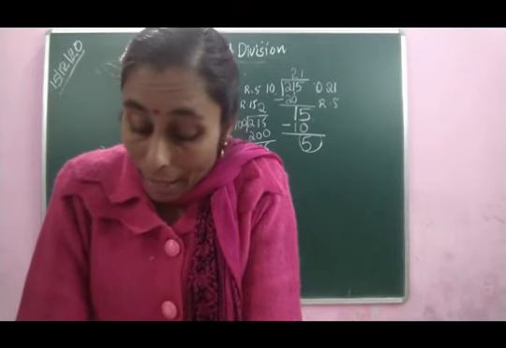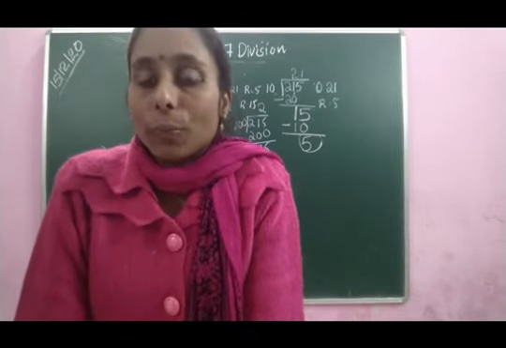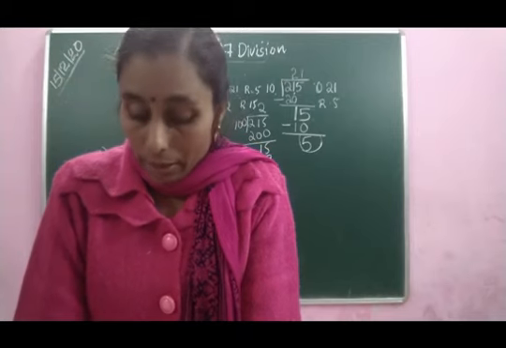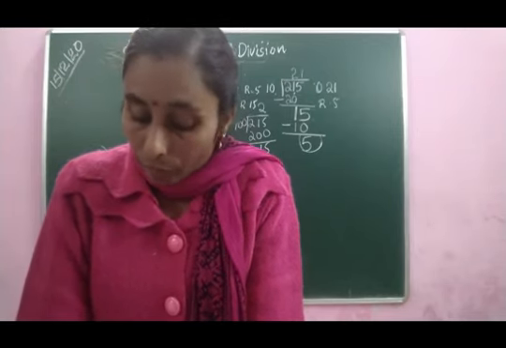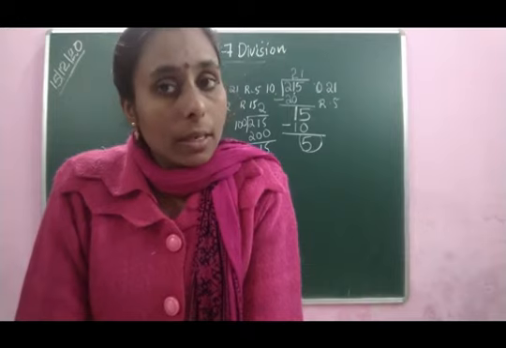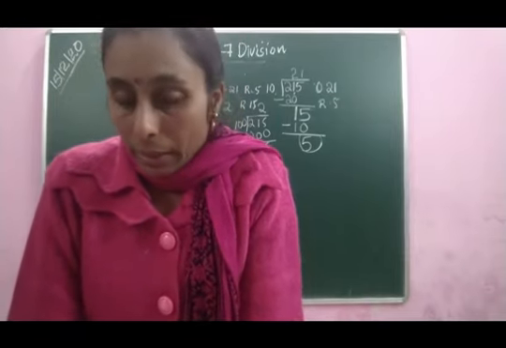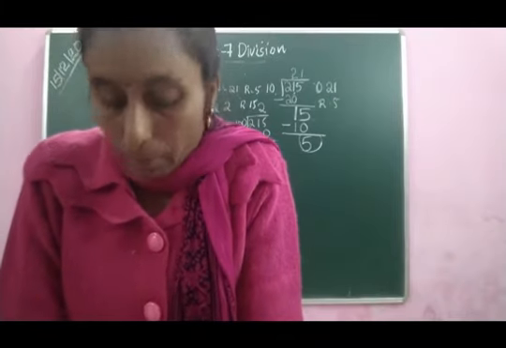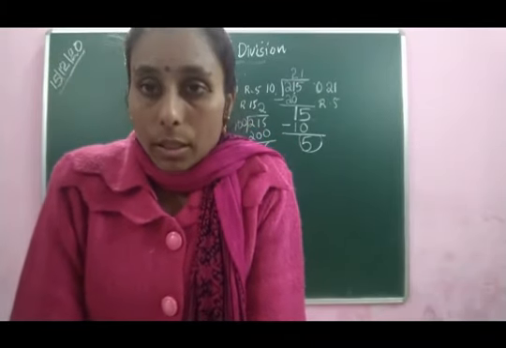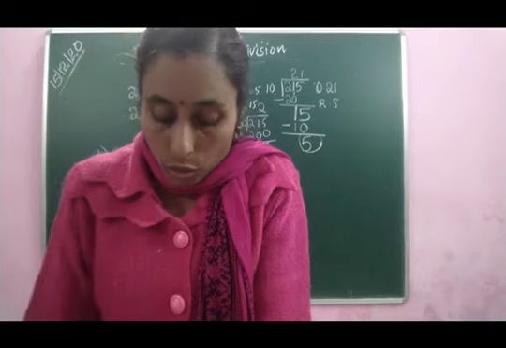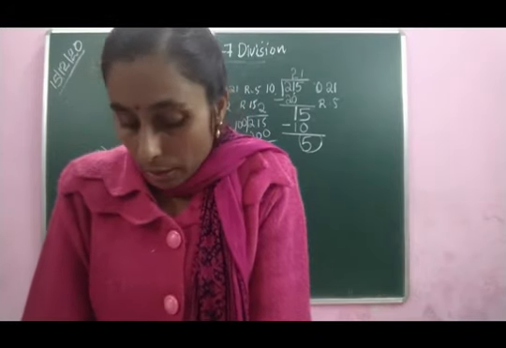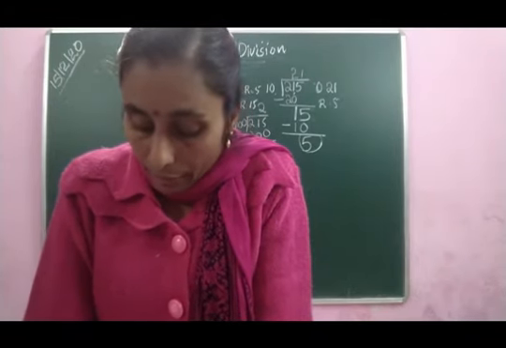182 divided by dash is equal to 182. When we divide a number by 1, we get the number itself. So what will be the divisor here? 1. 182 divided by 1 is equal to 182. So you have to write 1 in the blank.